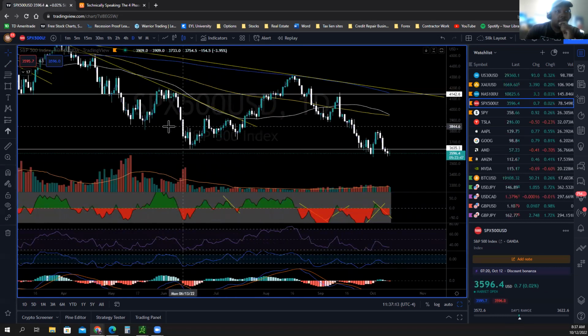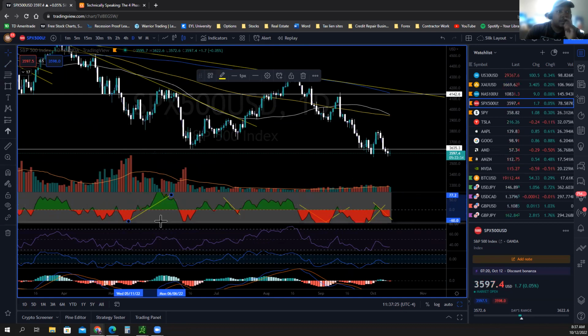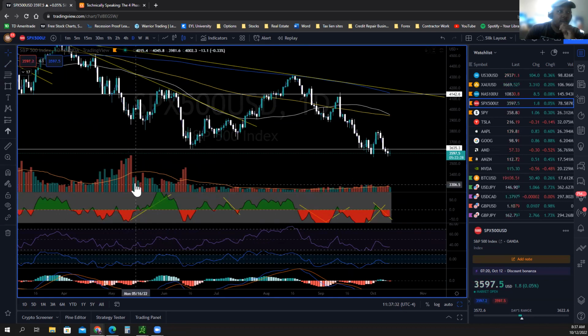So let's look at this as an example, right? Let's draw a trend line here. And this just helps me. So I'm going from this peak here to this peak, and I'm extending it on out, right?